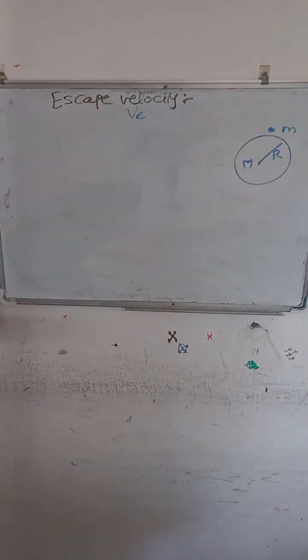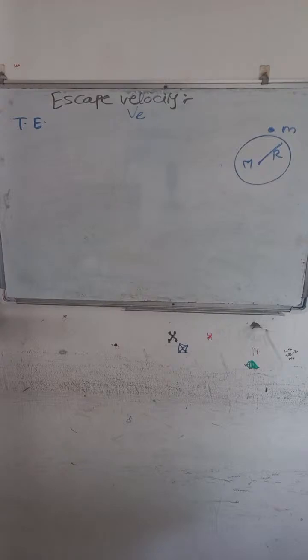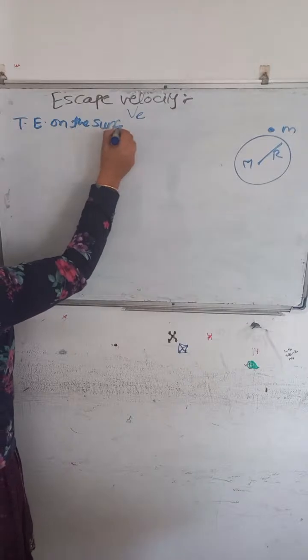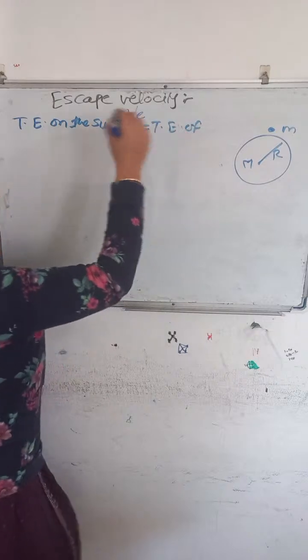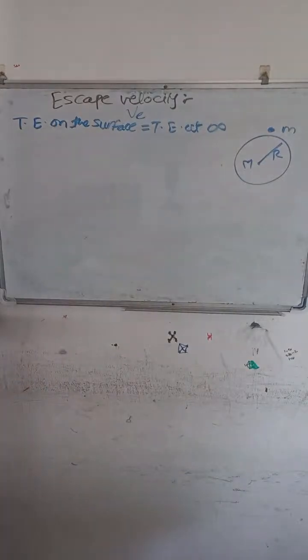According to the law of conservation of energy, the total energy on the surface and the total energy at some infinite distance are always equal. So we can write total energy on the surface and total energy at infinity are the same, because energy remains conserved, it will not be destroyed.